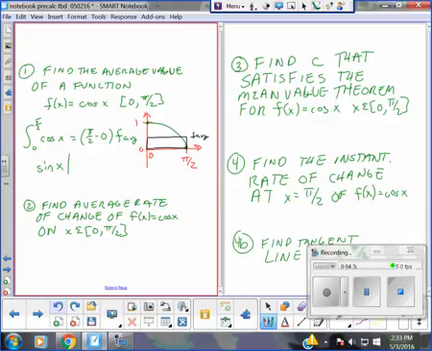I'm going to integrate it from 0 to pi over 2. That's pi over 2 times f average. Sine of pi over 2 minus sine of 0, and again, if you're not sure, you can practice this, but it's 1 minus 0. So sine of pi over 2 is 1, and sine of 0 is 0. So I get 1 equals pi over 2 f average. Guys, for number one, f average is 2 over pi for height.